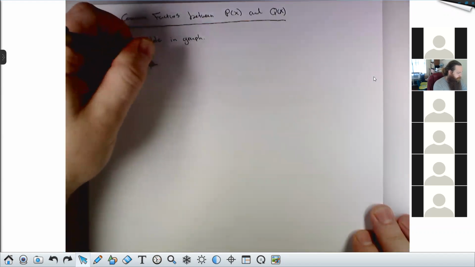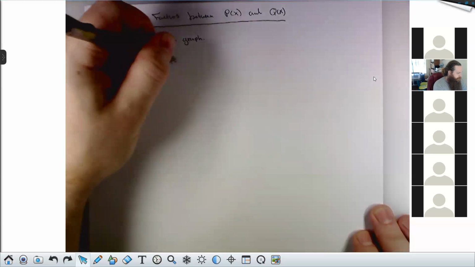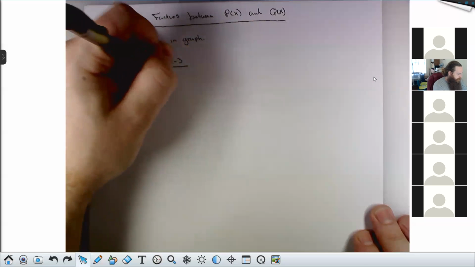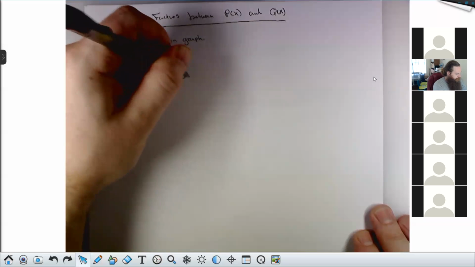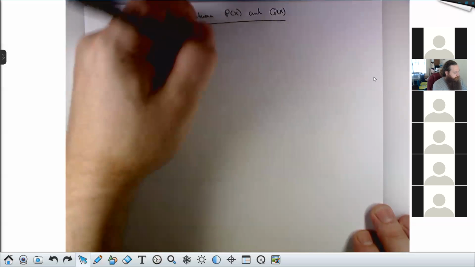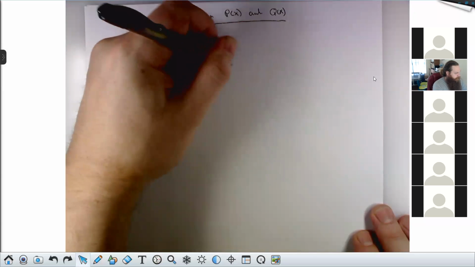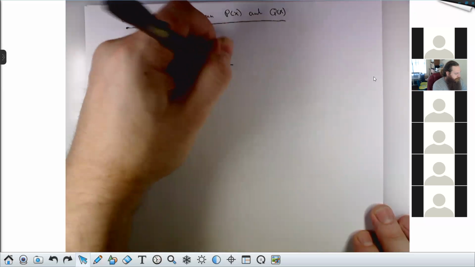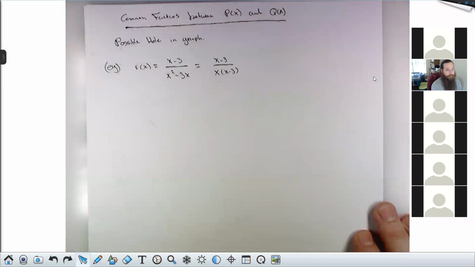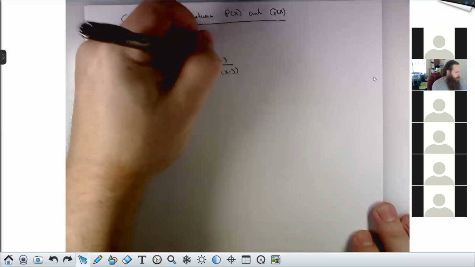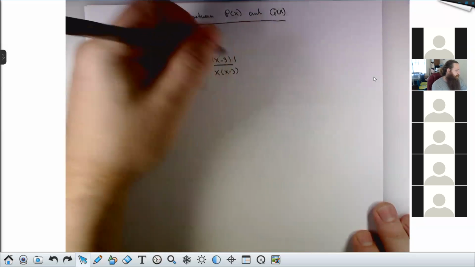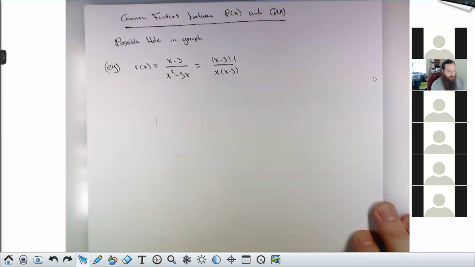So if I have the function r of x equals (x minus 3) divided by (x squared minus 3x), when I factor the top and bottom, I get (x minus 3) over x times (x minus 3). Remember the top, that x minus 3, that's x minus 3 times 1, right? Anything is itself times 1.